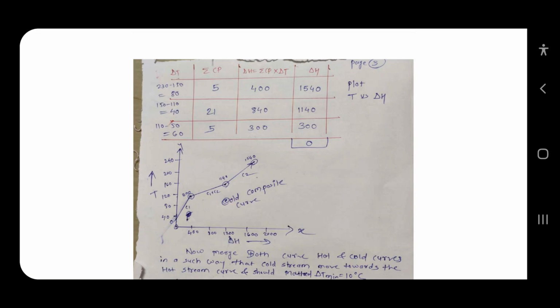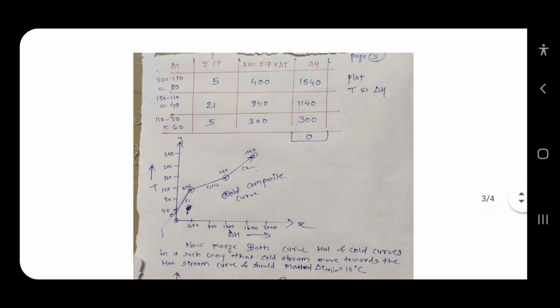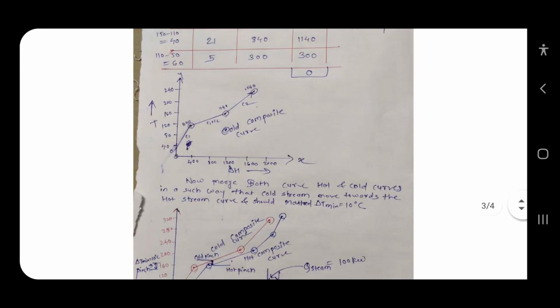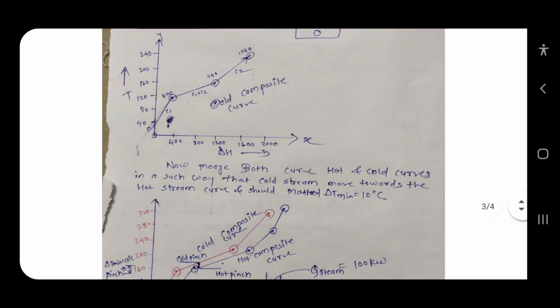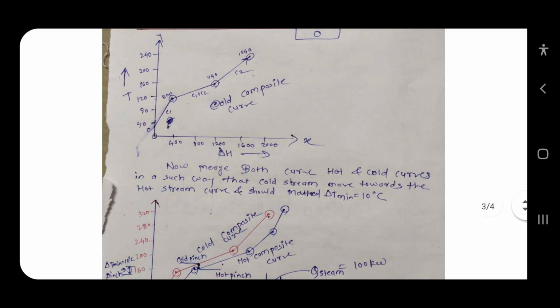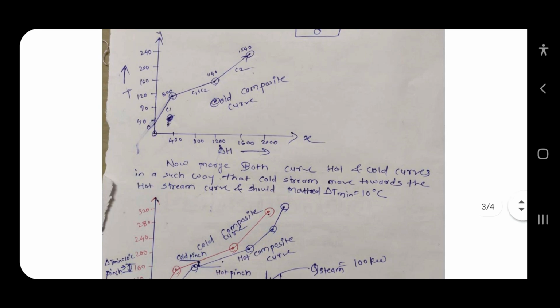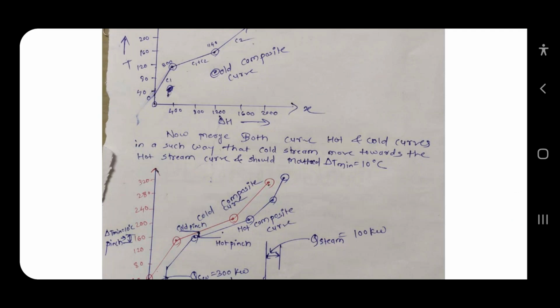You must have a graph, and then practice multiple problems. If you have two hot streams, one stream, or two cold streams, you must draw these lines, merge them, cold stream and hot stream. Now merge both curves, hot and cold curves, in such a way that the cold stream moves towards the hot stream curve and should match delta T minimum of 10 degrees Celsius.